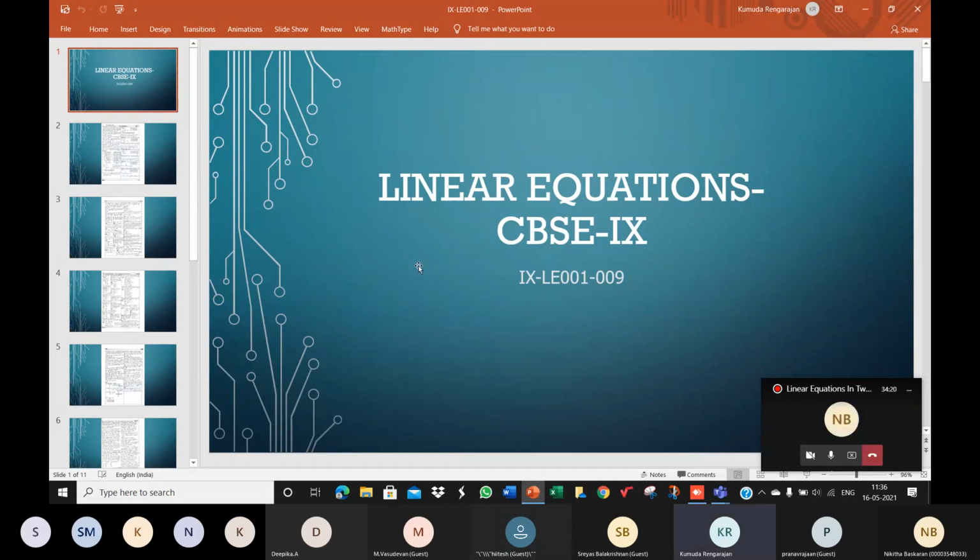So we're just about to start a new chapter, linear equations. Linear equations in two variables.